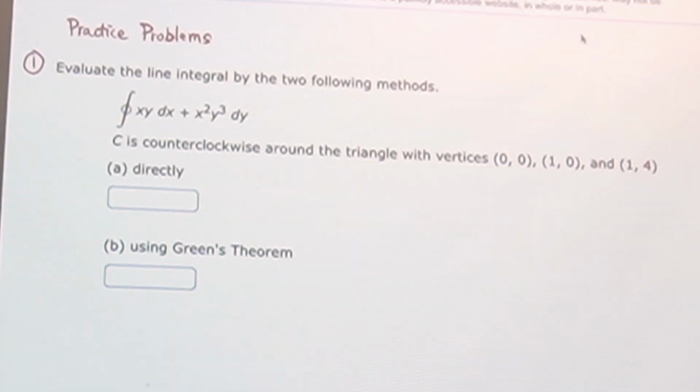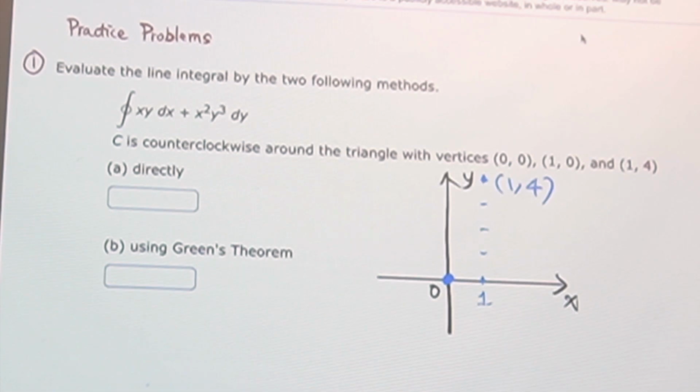So let's draw the triangle. The vertices: it goes from (0, 0) to (1, 0), then to (1, 4), and then back to (0, 0).